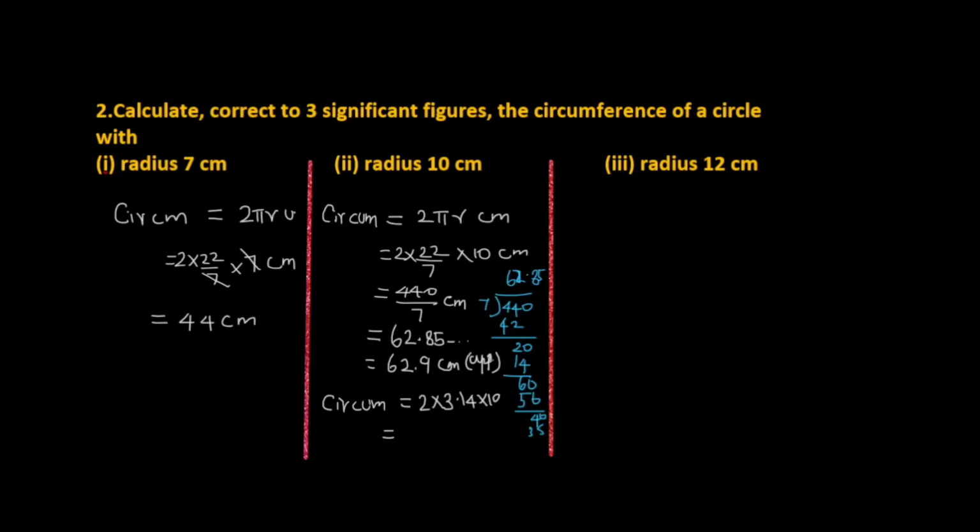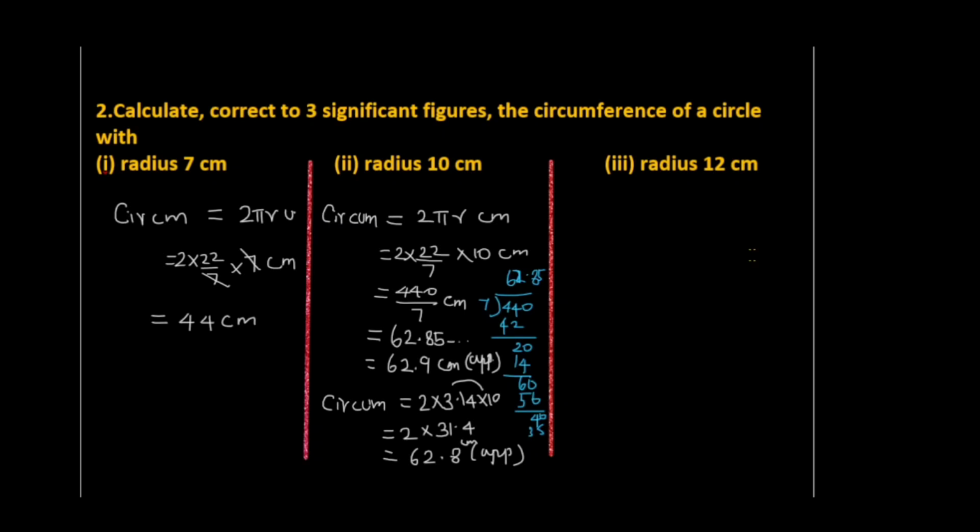We will be moving our decimal right side 1 digit. So 31.4 times 2 is 62.8. 62.8 centimeter approximately. So anyway, we can find it using either 22/7 as our pi value or 3.14 as our pi value.